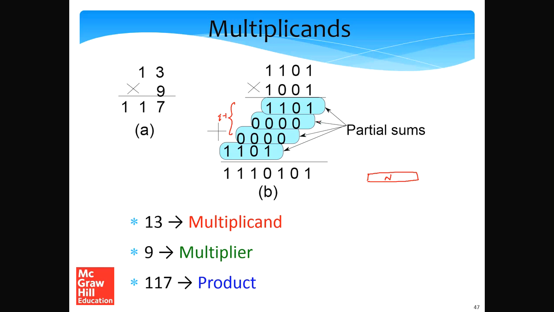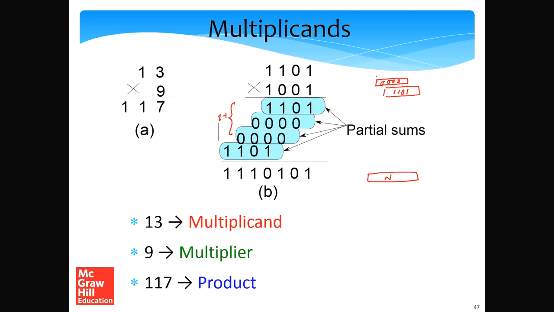In the case of a regular multiplication, we just write the partial sums and keep shifting them one place to the left. Another idea is that we take the partial sum as 1101 first, shift 1101 one step to the right, and then add 0000.